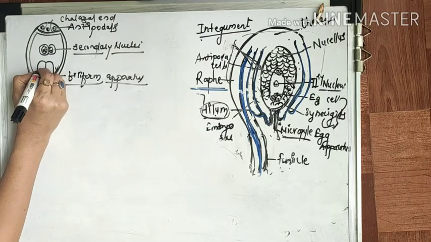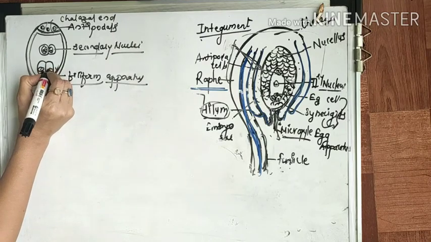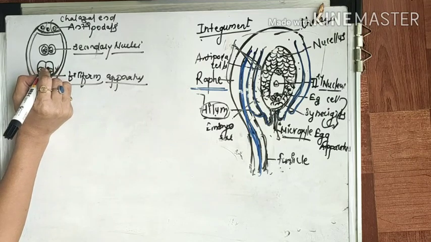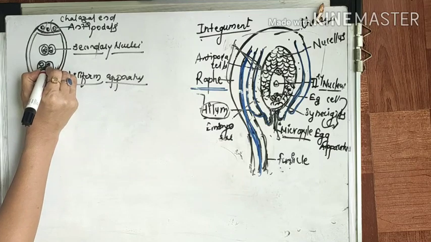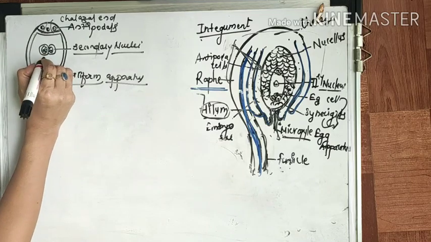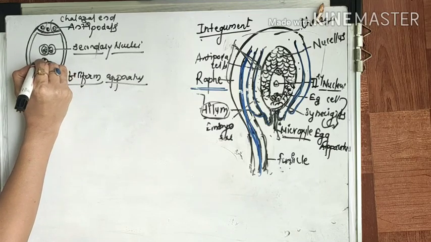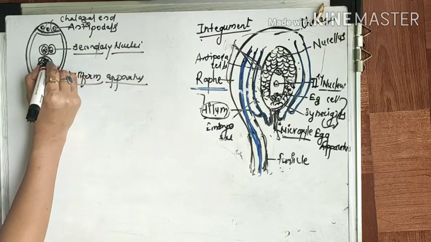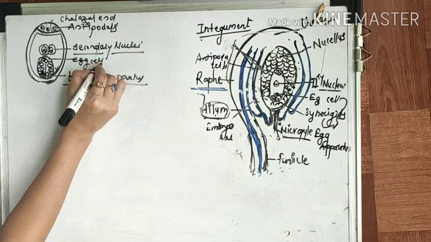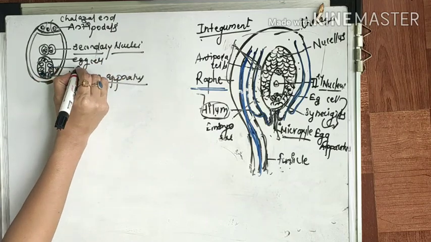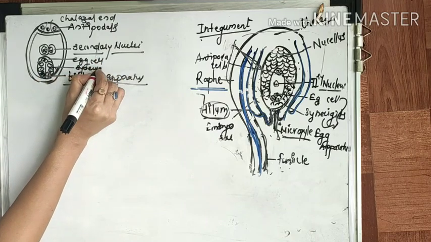Above it you can see two small things, which are called vacuoles. And here, the upper one is called the egg cell, and below it you can see 2 structures, called synergids.